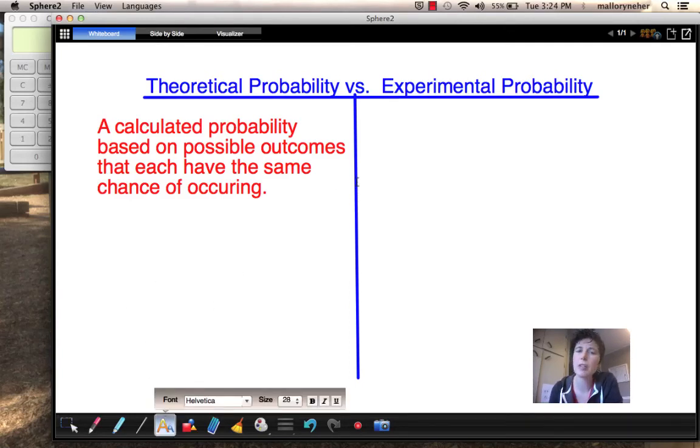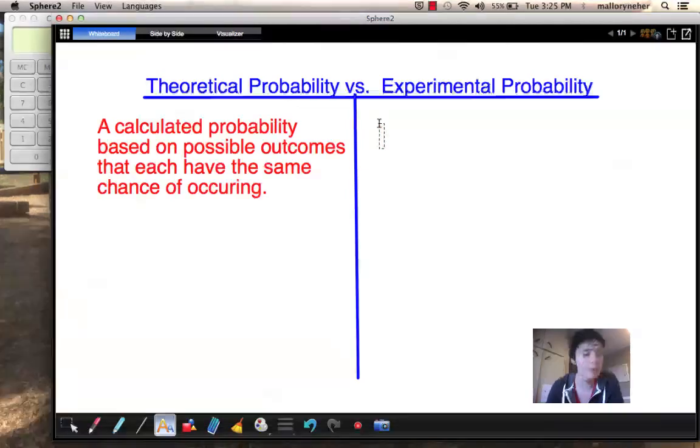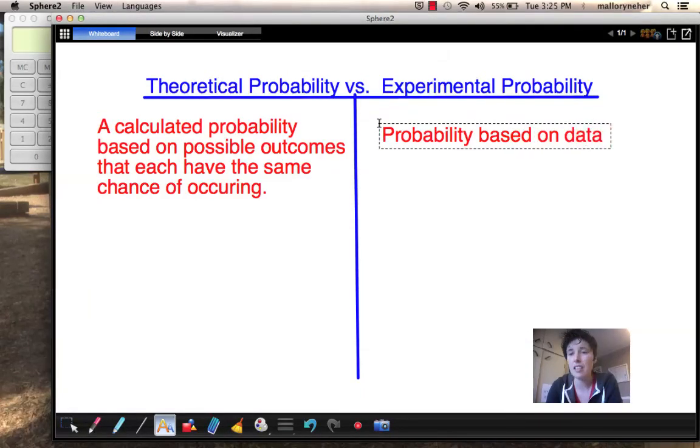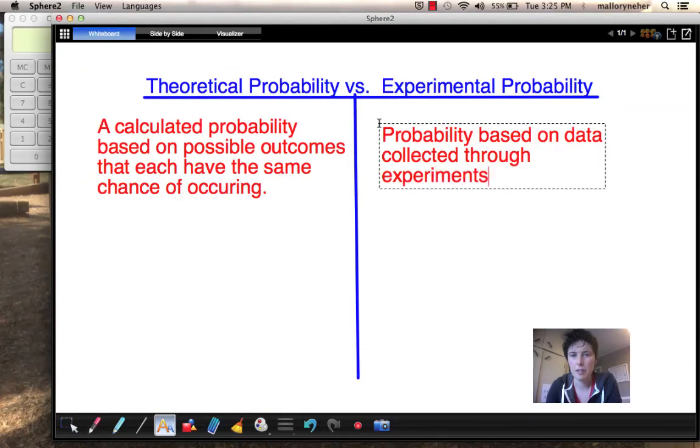Now, an experimental probability is when I actually sit here and flip the coin and add it up. So that's when I actually go out and do it. I'm going to say probability based on data collected through experiments. If I went out and flipped a coin 30 times and wrote down how many heads I got, that would be the data I collected, and that would be an experimental probability.